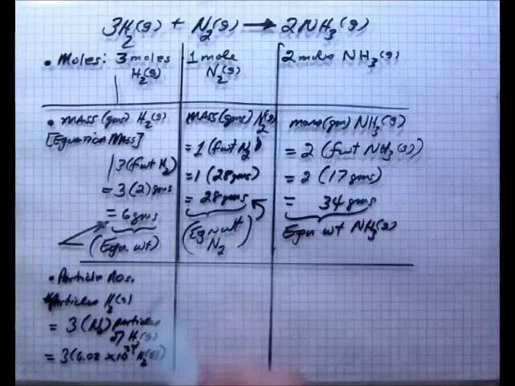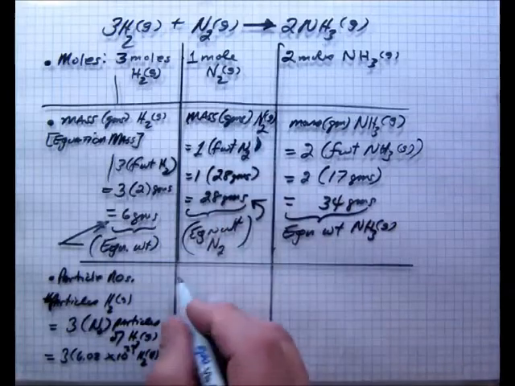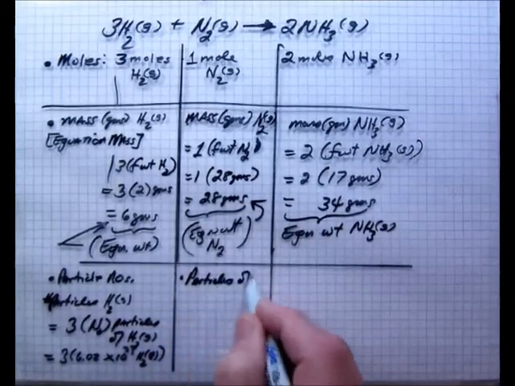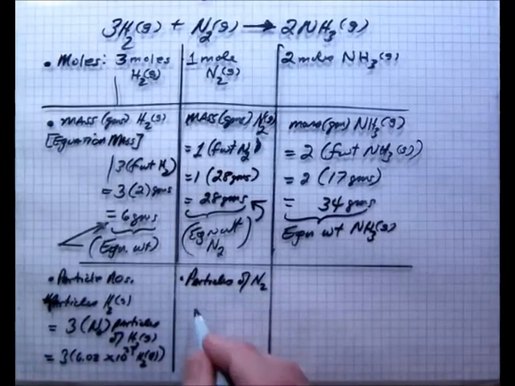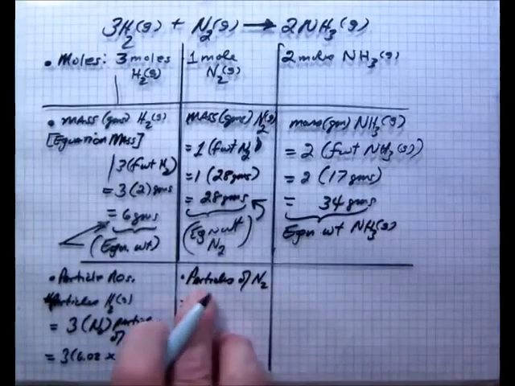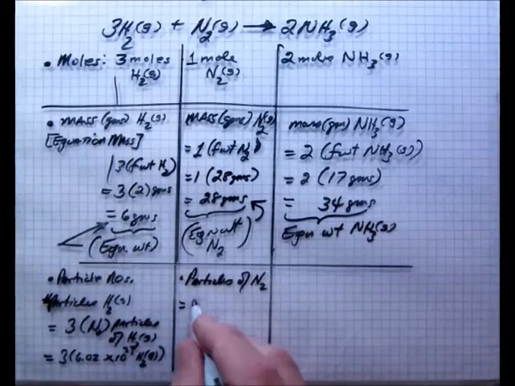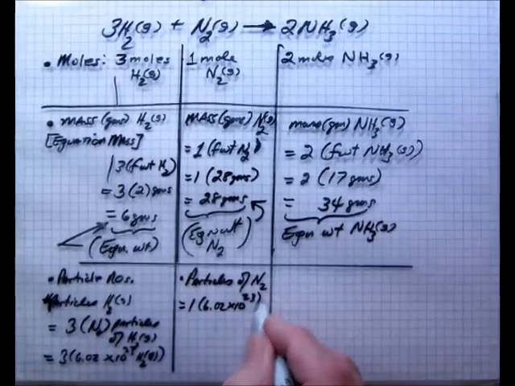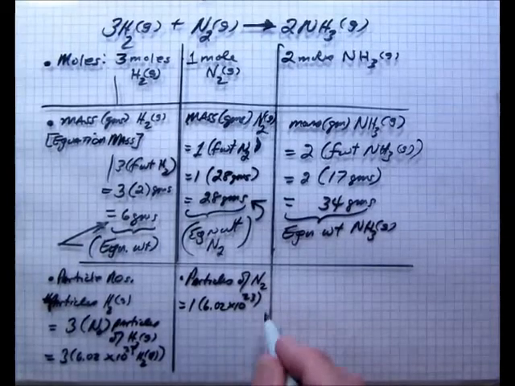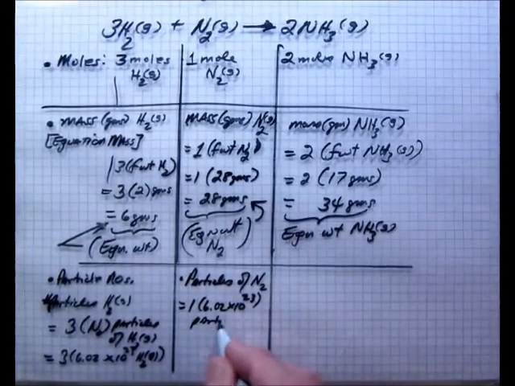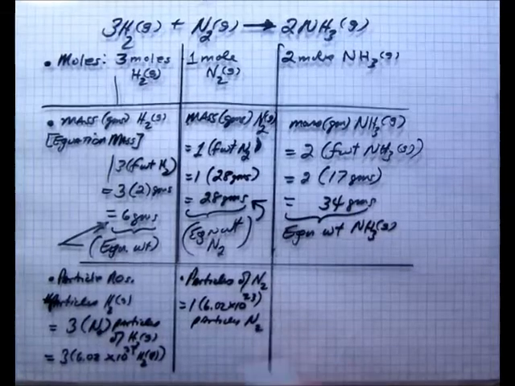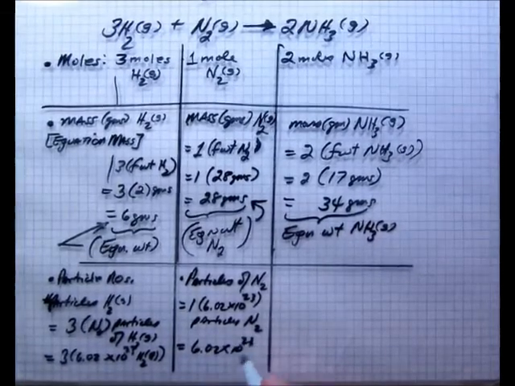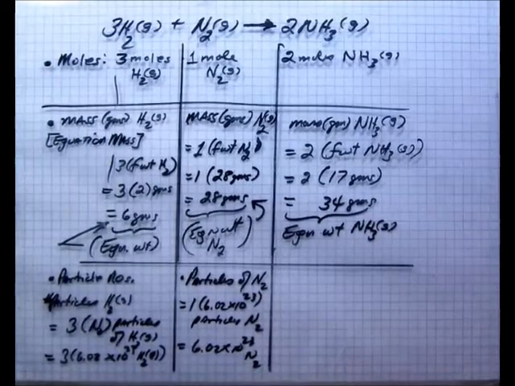Now, particles of N2 gas is, of course, 1 times Avogadro's number, which, of course, is 6.02 times 10 to the 23rd N2 molecules.